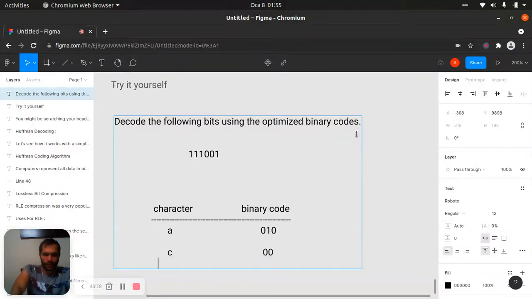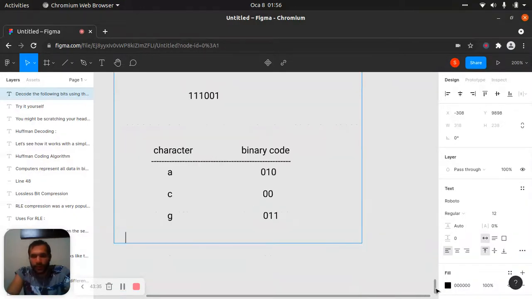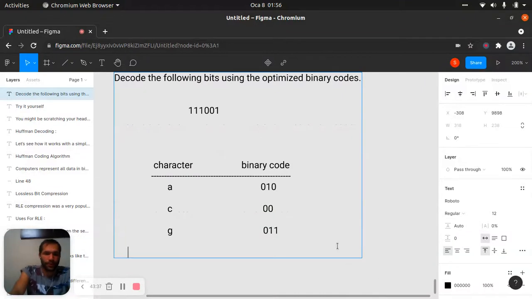The guanine will be 0 1 1, which is less recurring. And the last one will be thymine, and let's say this is 1. Let's decode it.